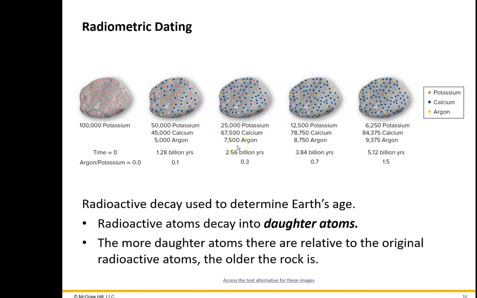At any rate, as time goes on, this is 1.3 billion years, another 1.3 billion years, another 1.3 billion years, and another 1.3 billion years. So, for example, if you started with this many radioactive potassium atoms, let's see, how many half-lives? 1, 2, 3, 4 half-lives have gone by, then you should see almost 9,375 argon atoms.